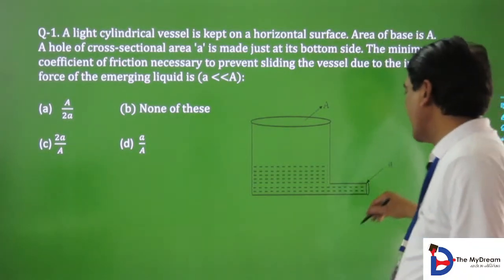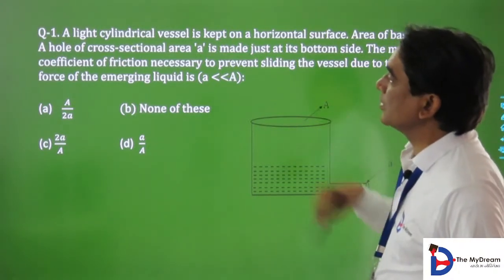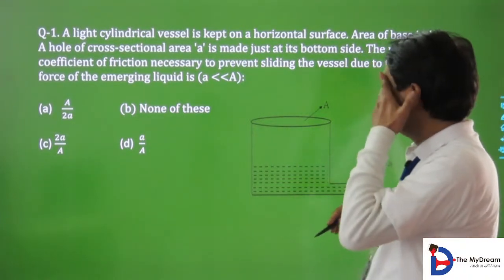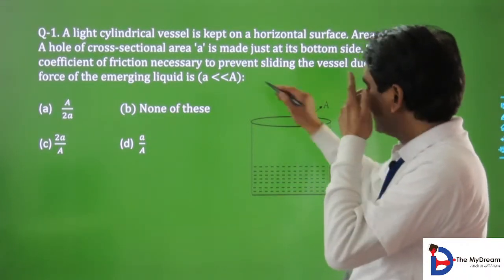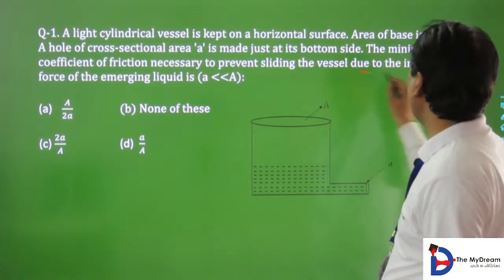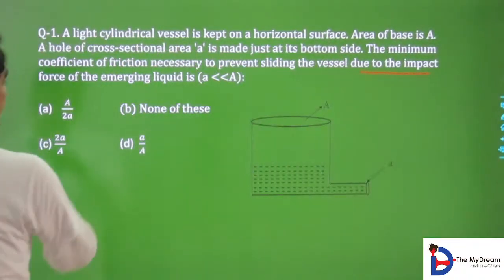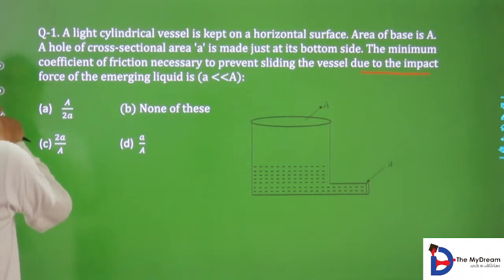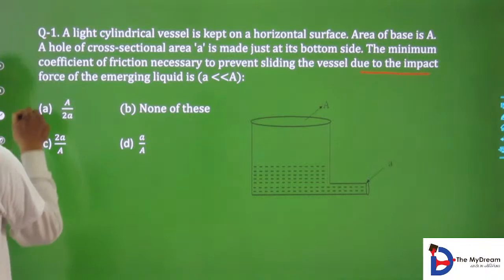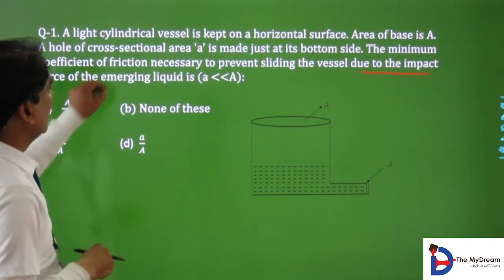What is the minimum coefficient of friction necessary to prevent sliding of the vessel due to the impact force of the emerging liquid?